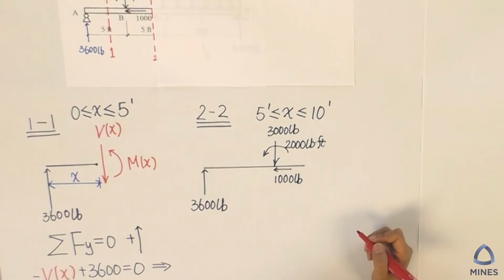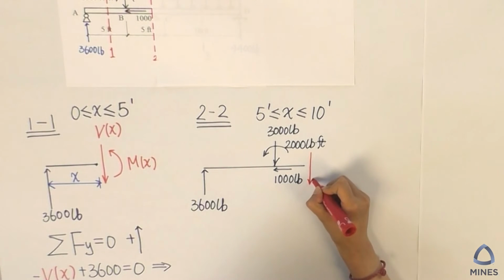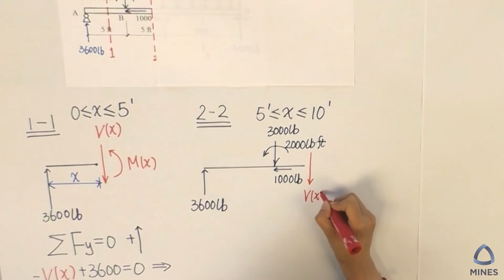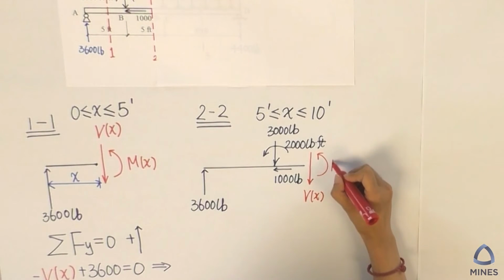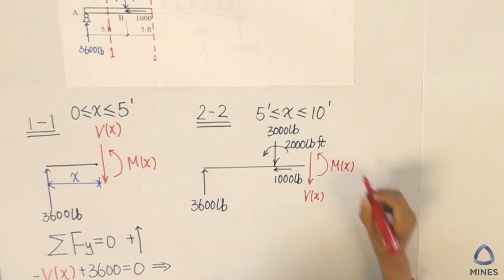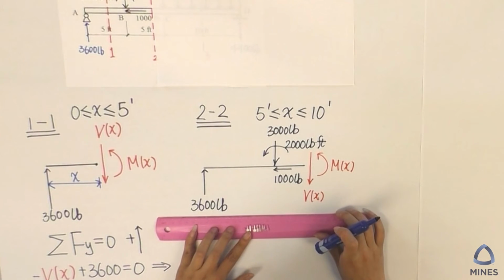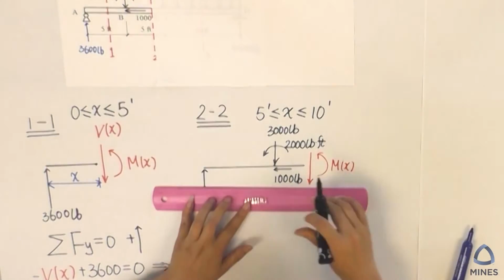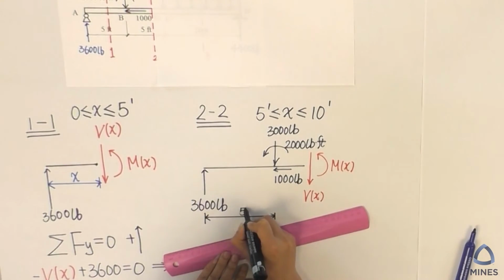Okay, so for the shear moment function here at the cutting location, that's going to be your shear. This will be your moment. And let's mark the dimension. So you can see from A to B, this will be 5 feet.